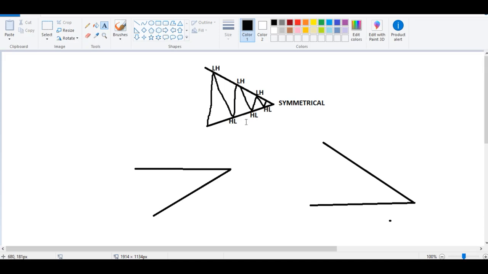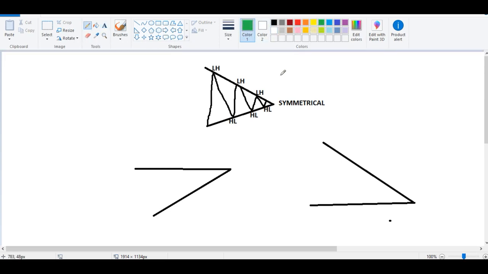Hence, price starts to trade in this narrow range. And as soon as it gets to the end where the range is very narrow, price tends to break out. Now either it will break out towards the upside or towards the downside. Whichever side it is breaking out on, that is the side we want to take an entry.